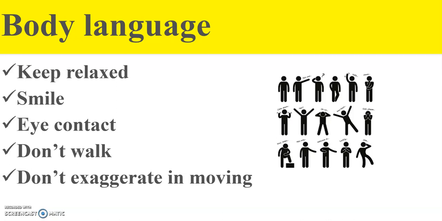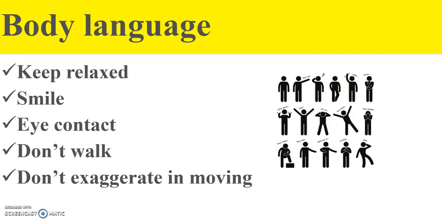For the eye contact, try to control your eye contact. Try not just to look down. Try to look at your audience from time to time. Don't walk. Don't exaggerate with walking. A lot of movings on the stage will disconnect you from your audience.